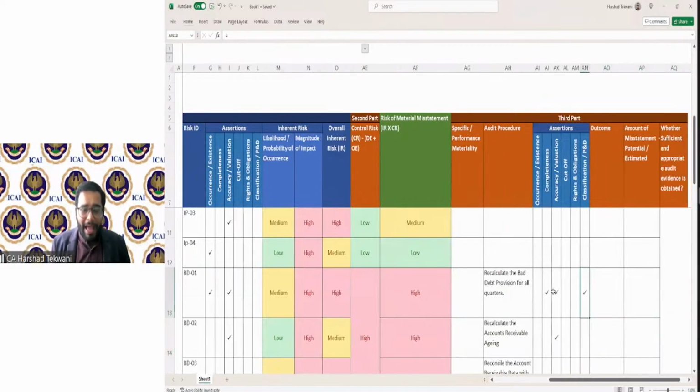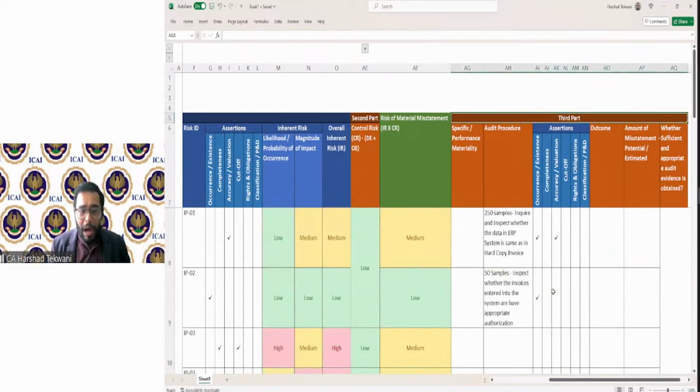And after doing that, I need to think about the outcome. If I test 250 samples, it may come that 10 samples are inaccurately entered. 240 are good, 10 failed.